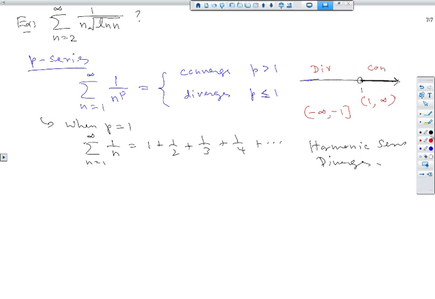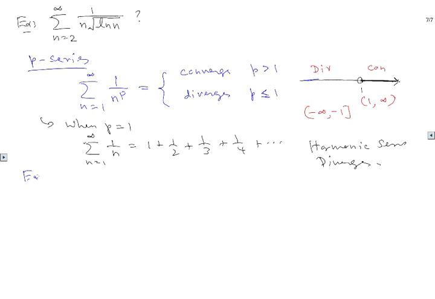Okay, let's try to do 2 quick examples. How about this one: sigma n going from 1 to infinity of 7 over n to the 3rd. You can ignore the 7 here, it's a number, or you can pull the 7 out to make it clear.